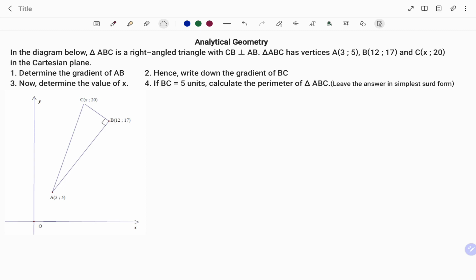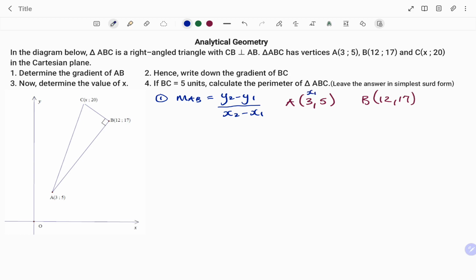Starting with the first part of the question, to determine the gradient of the line AB, we have: the gradient m of AB is equal to the change in y over the change in x values. Our A is (3, 5), and my point B is (12, 17).